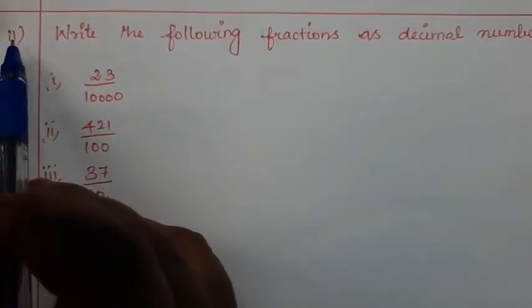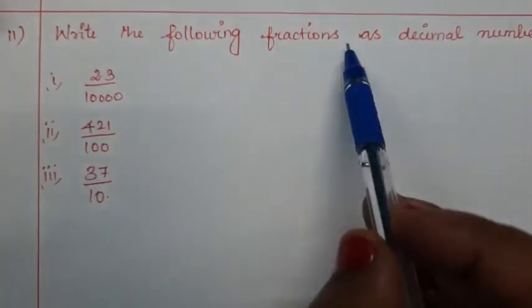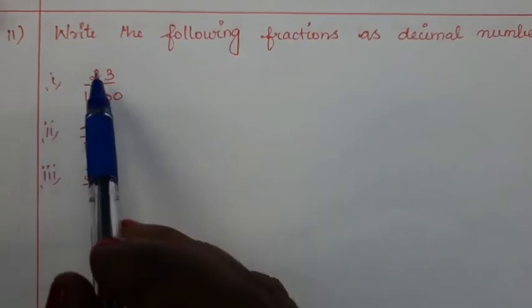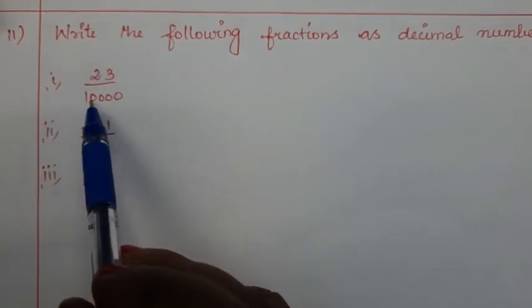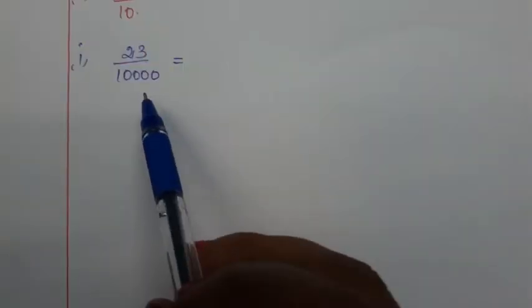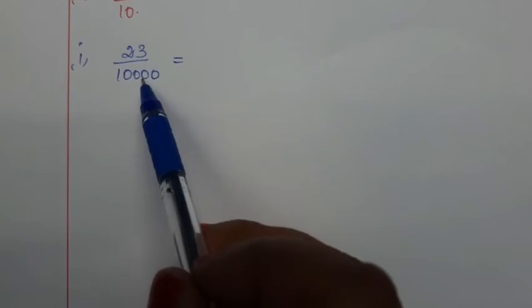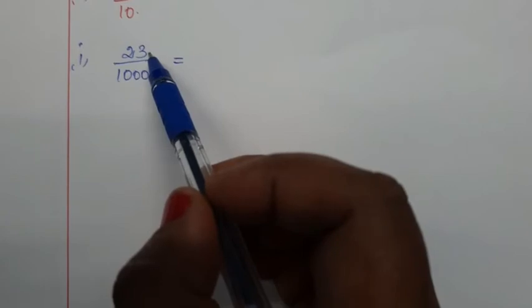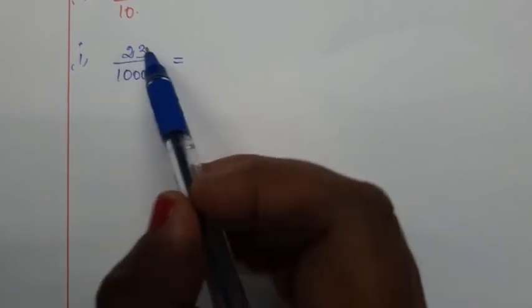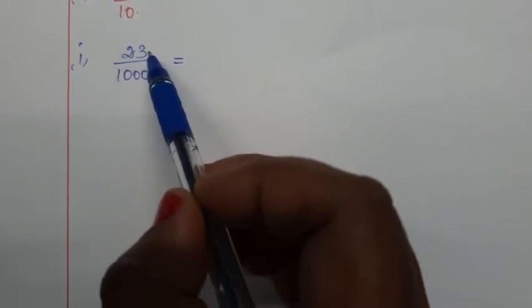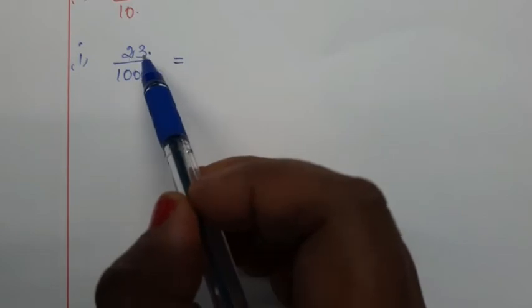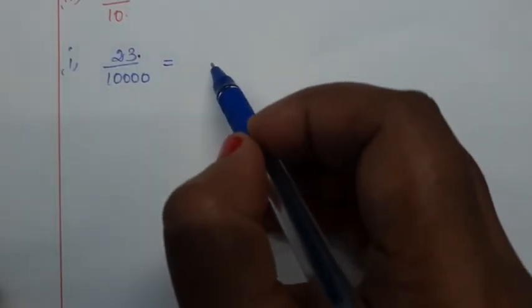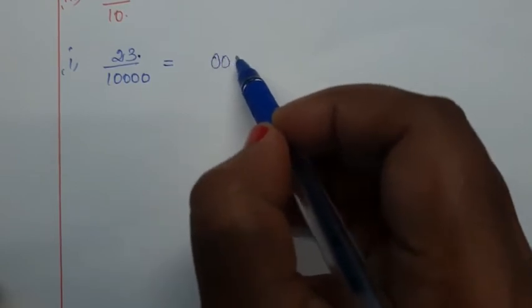Next, question number 11. Write the following fractions as decimal numbers. Subdivision 1, 23 divided by 10,000. Here in the denominator we have 4 zeros. So we should move the decimal point 4 digits leftward from its position. But we have only 2 digits in the numerator. So we should add 2 zeros as we need.